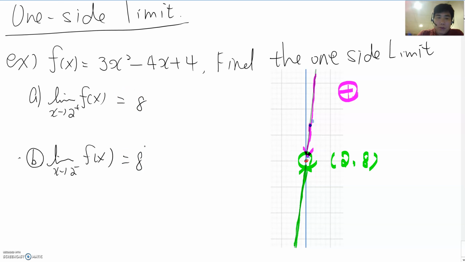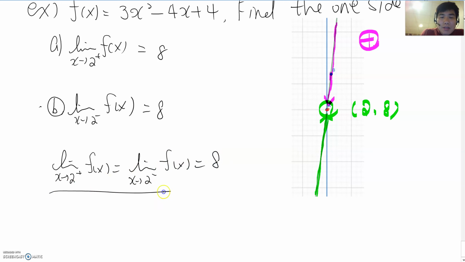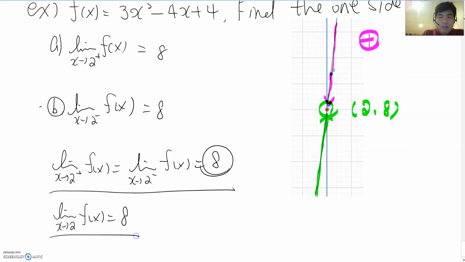Therefore, we can conclude that the limit as x moves to 2 from the positive side equals the limit as x moves to 2 from the negative side. They are both equal to exactly the same value, 8. So overall, the limit as x moves to 2 of f(x) also equals 8. All right, then let's look at another example.